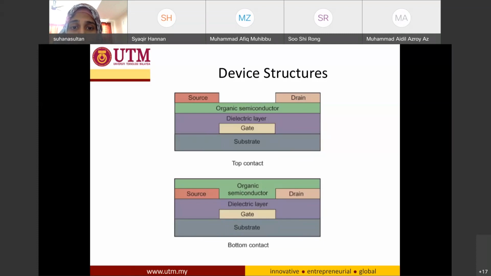There is a lot of research going on with the different types of structures as well. They engineer the different types of structure to get the best mobility that they can obtain from organic semiconductor.